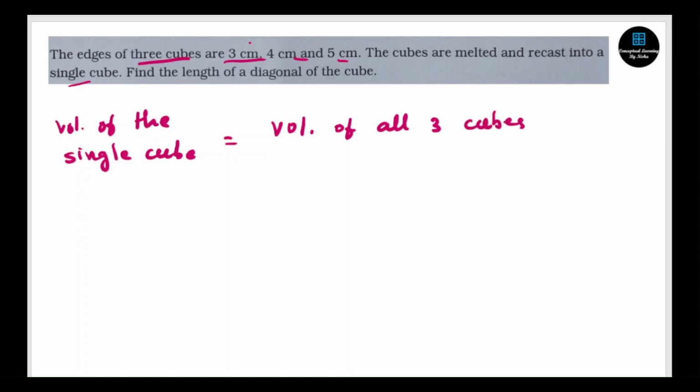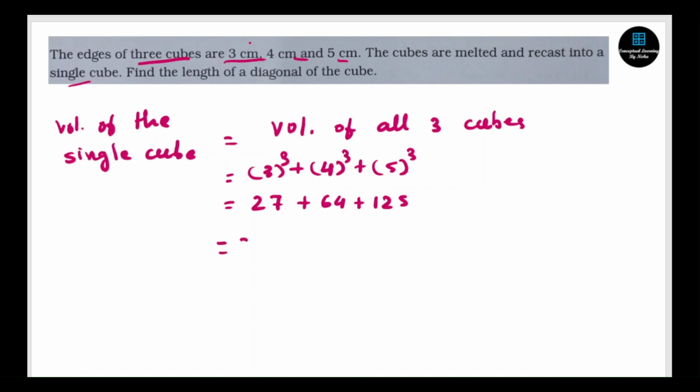Okay, so this is 3 cube plus 4 cube plus 5 cube. And now when I solve this, we'll get 27 plus 64 plus 125. So we get 216, right? 216 centimeter cube.